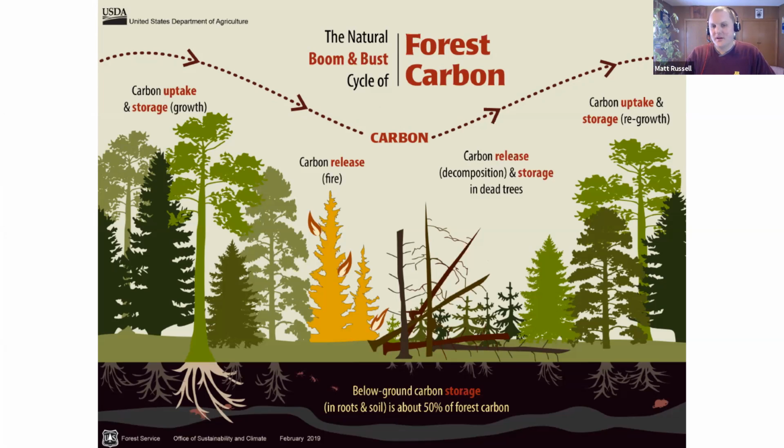But we also have deadwood in forests. As that deadwood decays, it slowly releases carbon back to the atmosphere through decomposition of dead trees. And then eventually we have regrowth, planting new trees, and carbon sequestration, say, after a major disturbance.